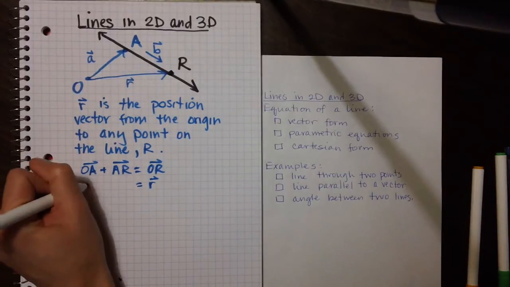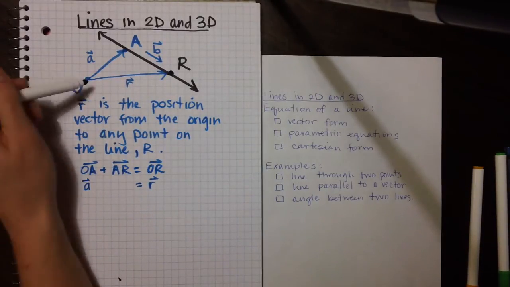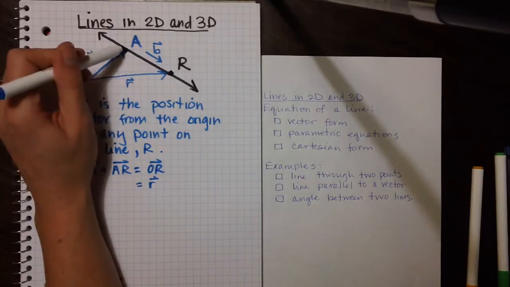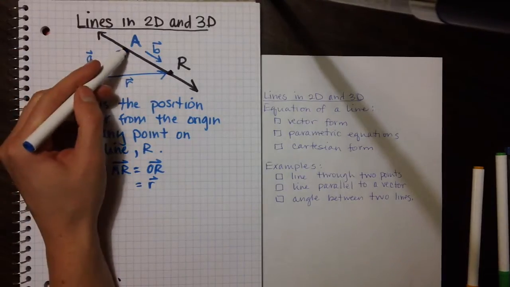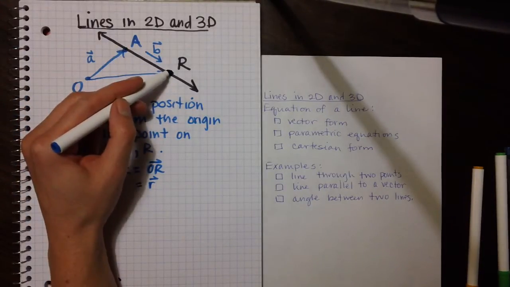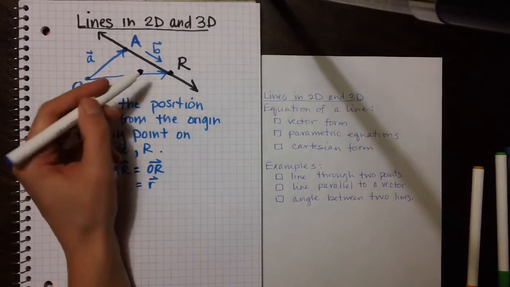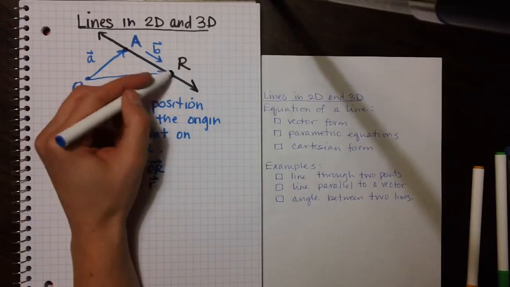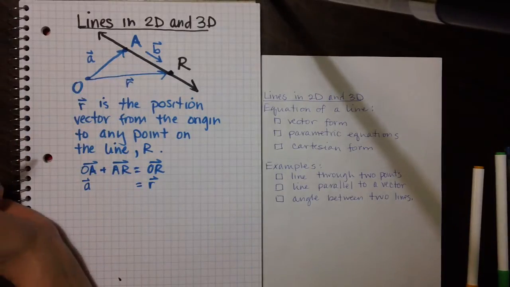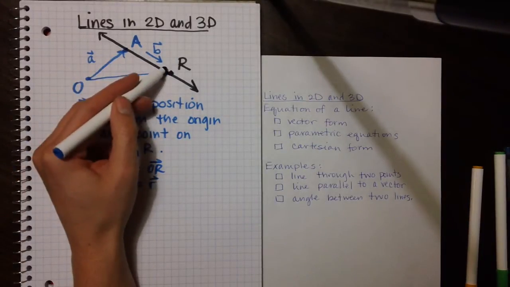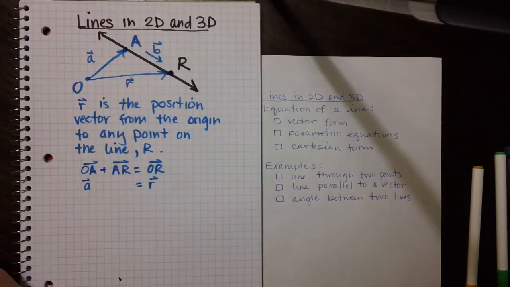OA is this little vector a, this position vector from the origin to point A, and vector AR, I don't know how long it is, but I know what direction it's going. And because I know that vector AR is parallel to vector b, I know that vector AR has to be a scalar multiple of vector b.